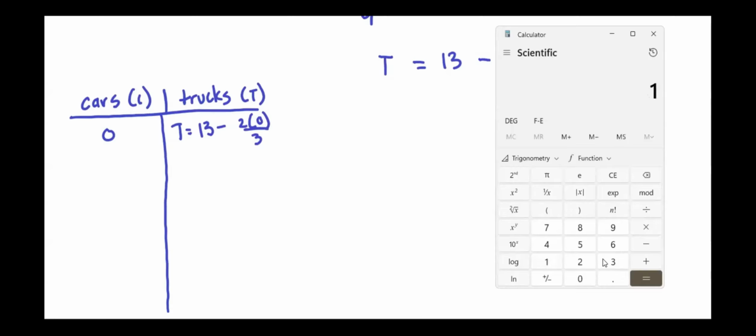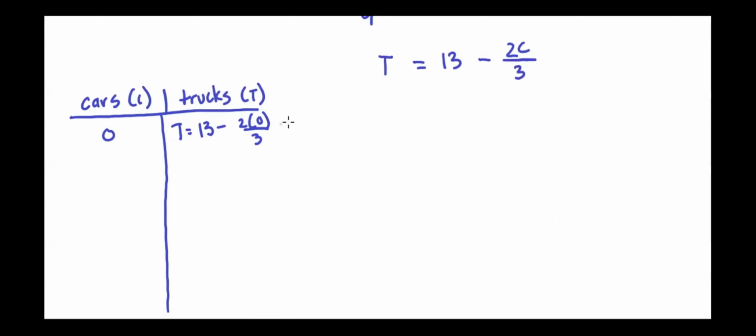What happens if I do 13 minus 2 times 0 divided by 3? I typed something wrong because that's not right. What did I do? Oh, no, I didn't. That's right. Sorry about that. 2 times 0 is 0, and 0 divided by 3 is still 0, so I do end up with just 13. I don't know why I thought that was wrong.